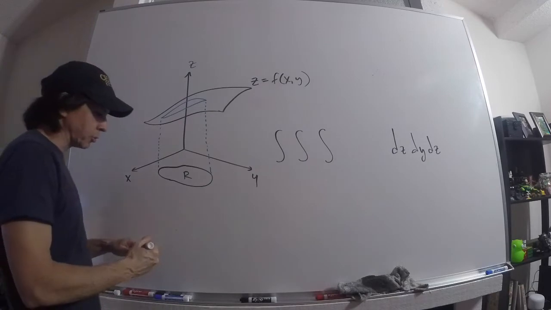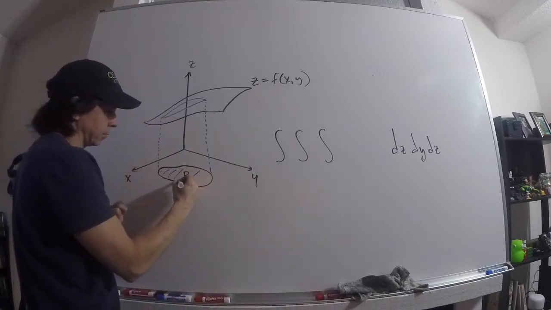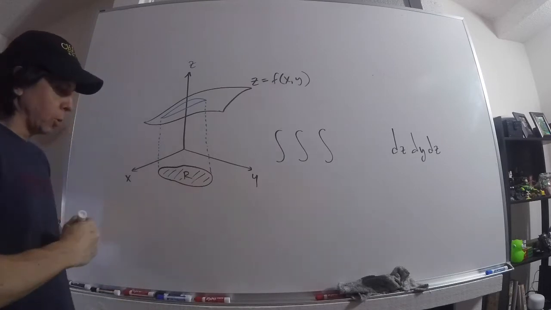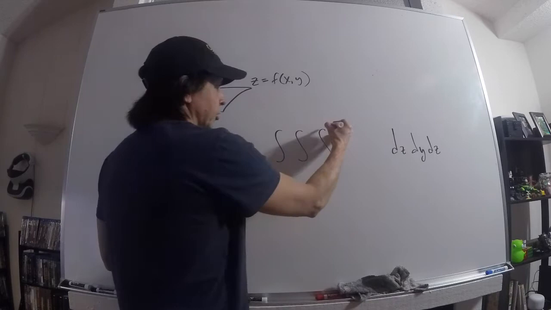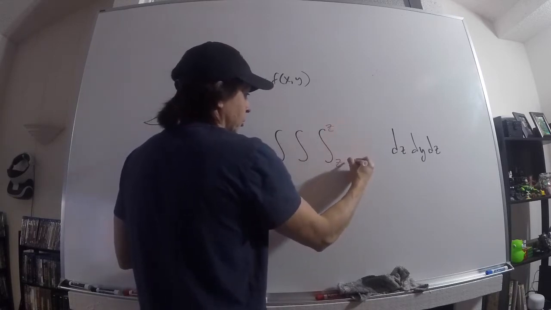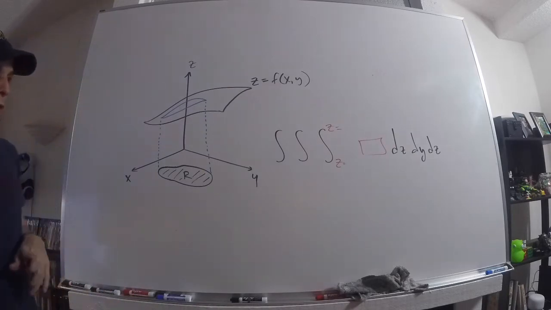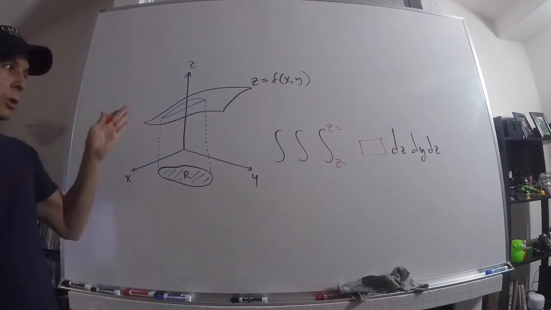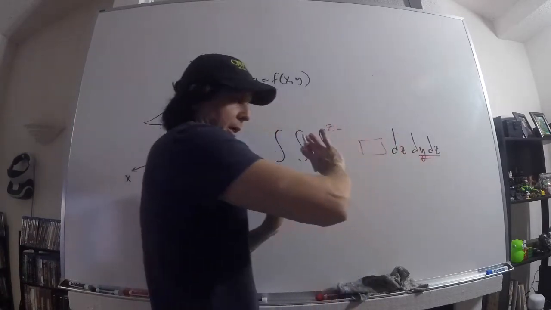I'm doing this over this region. And so if I'm going to be doing z first, and let's say I am, I'm not worried about the integrand, I'm worried about the boundaries, how you're setting up your limits of integration. So we're going to be doing z. That means x and y are held off for later.